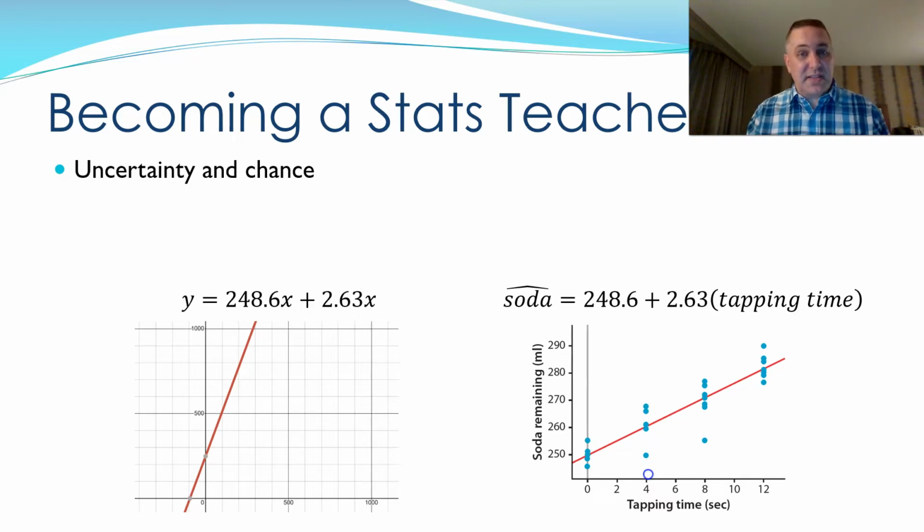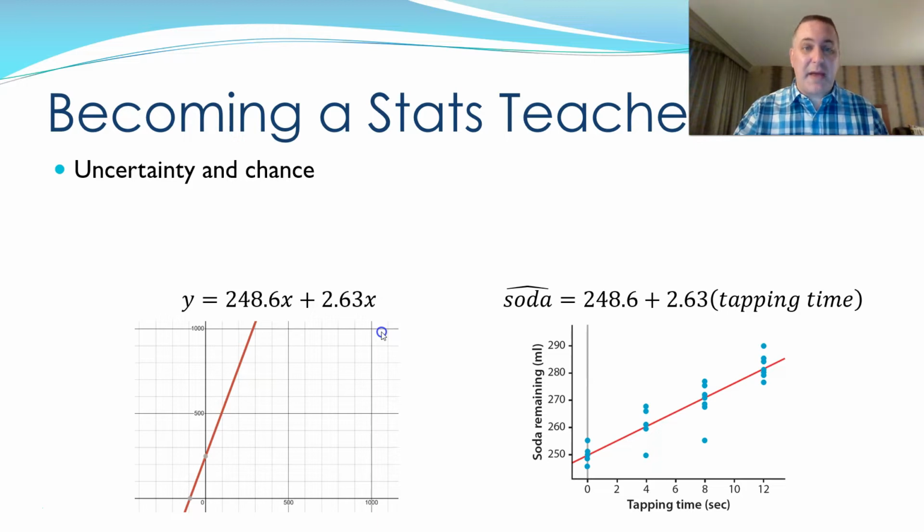So the stock in trade of statistics is uncertainty and chance. And that is very different from mathematics. And so you have to plan for that. And you can see down here, on the left, we have the graph of a function and the equation of the function.